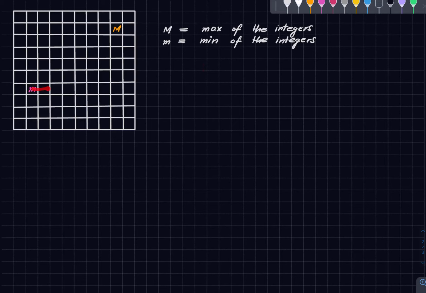So this is a step, this is a step, this is a step, this is a step, but this is not a step. Okay, so from here to there you can go via this route, and you have taken at most 18 steps simply because in the worst case you would be walking from here to there, and here you come in 9 steps, and then you further come there in 9 steps. So total 18 steps, and that is the main observation.